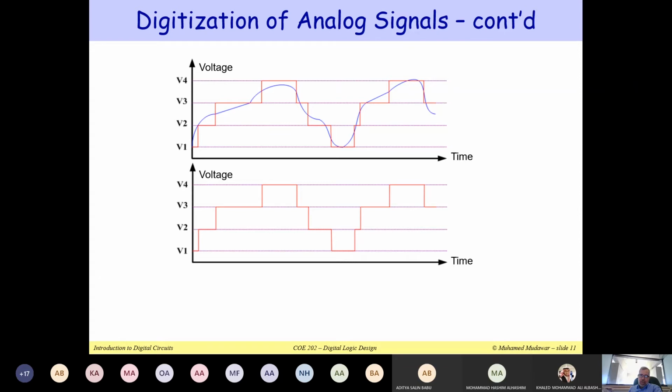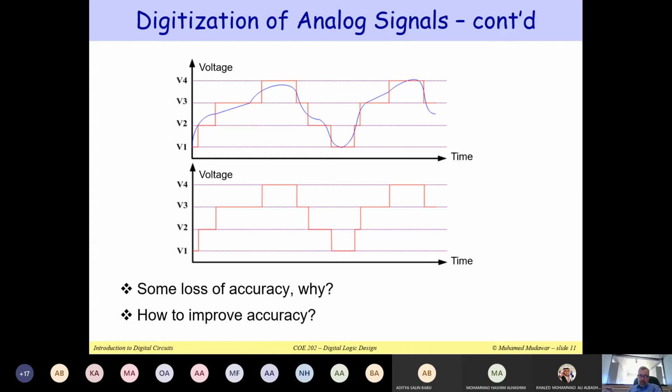And if the voltage goes above V4, it can be represented with the analog signal, but it cannot be represented with the digital signal. So the digital signal can only represent 4 possible values. So now there is a loss of accuracy. Once we have converted the analog signal into digital form, we have lost accuracy, right?